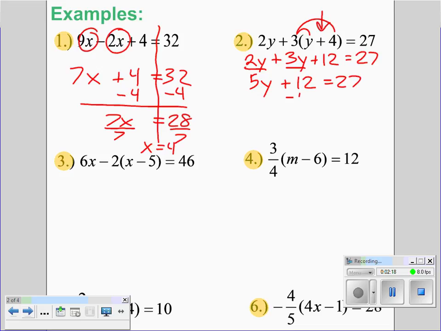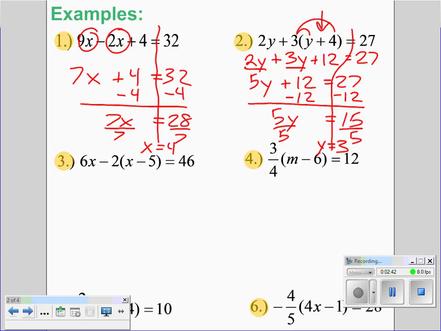Next step, move the 12 over to the other side by subtraction, undo addition. So you get 5y on one side is equal to 15 over here. Last step, divide by 5, both sides, and we simply get y is equal to 3.